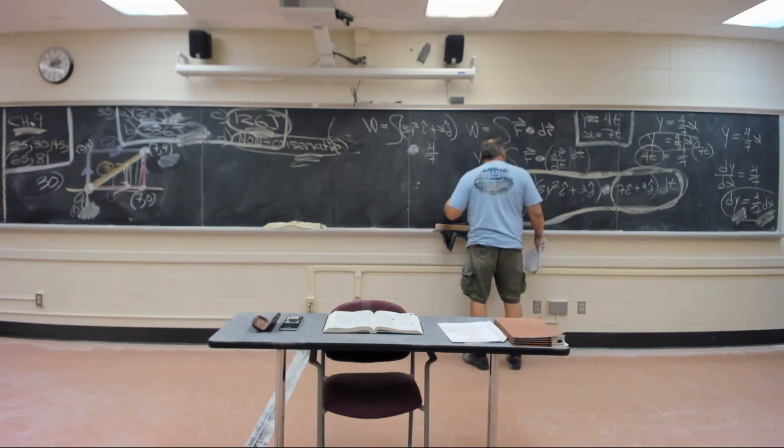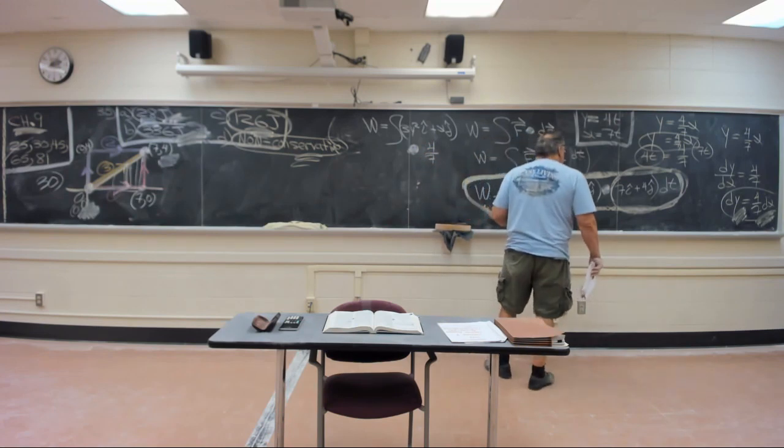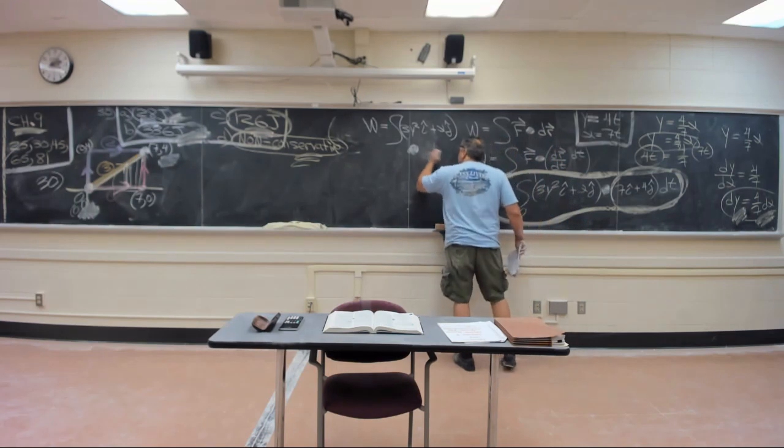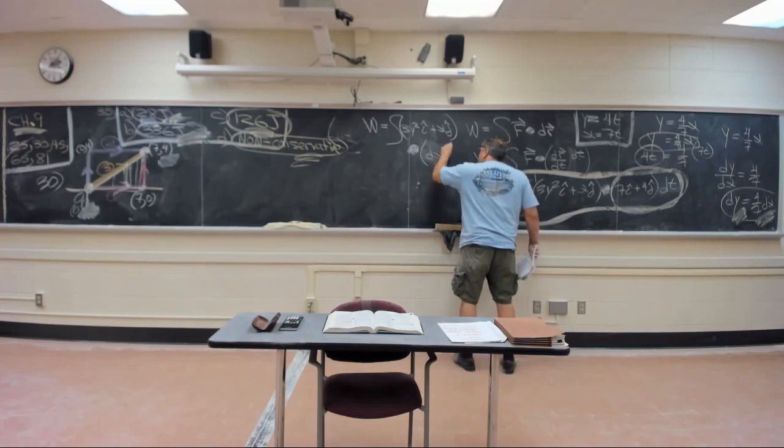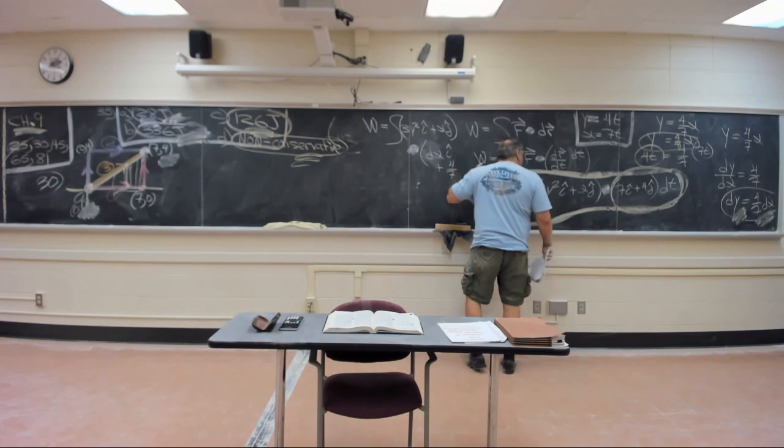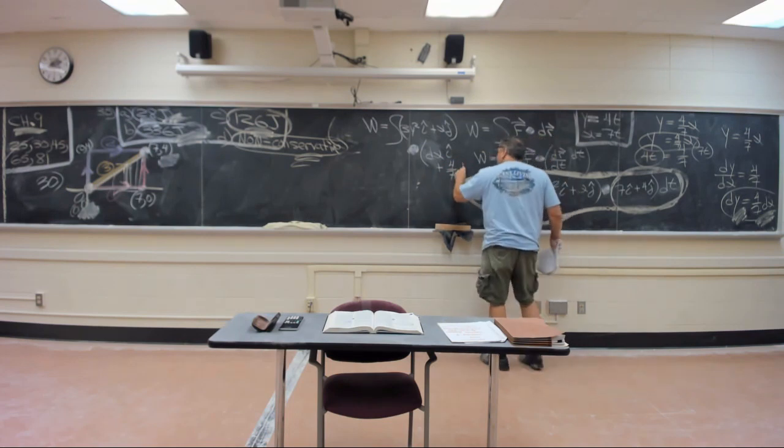The dx is just dx, and that's an i hat, and the dy is 4/7 dx, j hat.